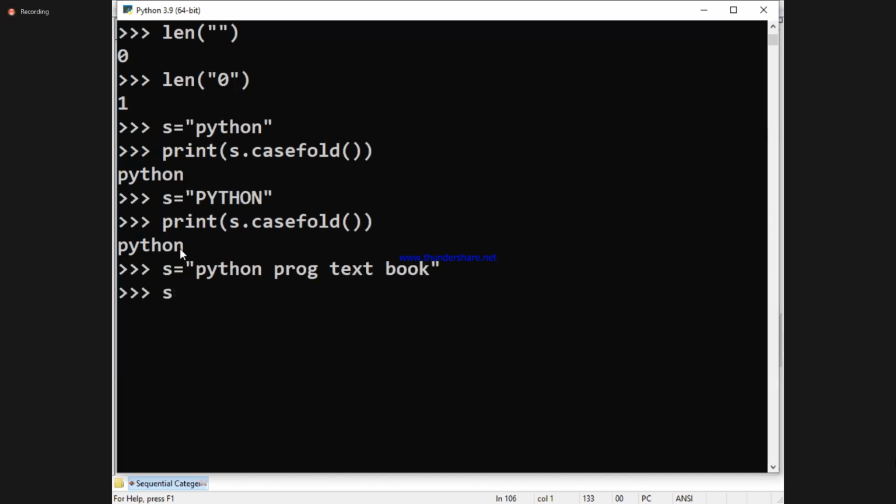Now I am writing S dot count of O. So the letter O is coming how many times? 1, 2, 3, 4. The count function is counting what? How many times the letter O.